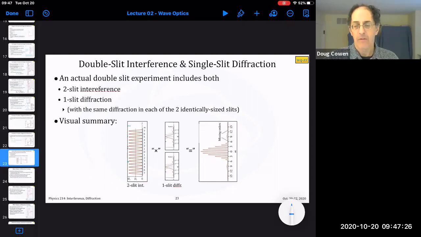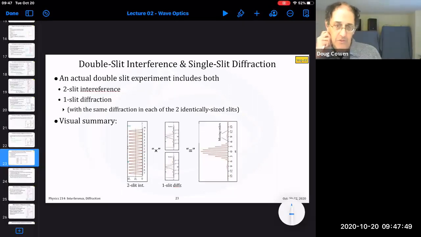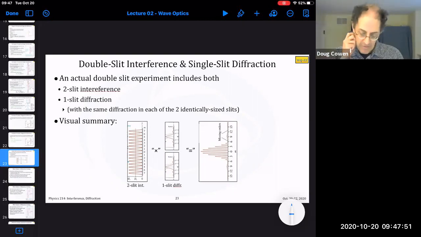So typically a 2-slit interference experiment will have 2 identical slits, and those slits will be pretty small and not separated by a great distance. So you'll have both interference and diffraction effects. The diffraction effects from each slit will be identical because each slit is usually the same width and so on. So the visual summary would look something like this.